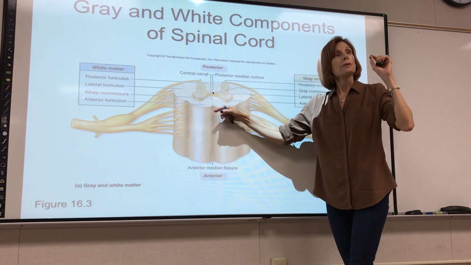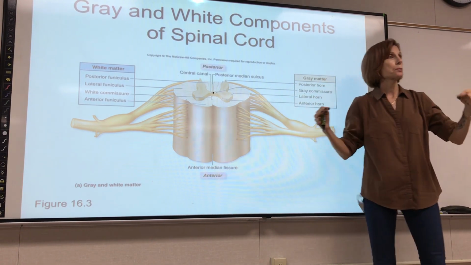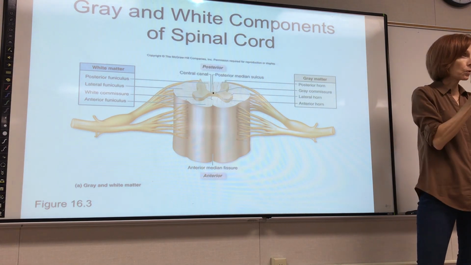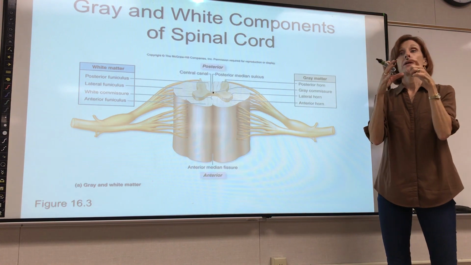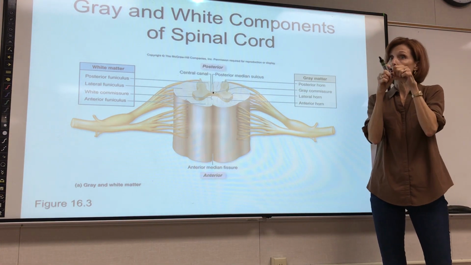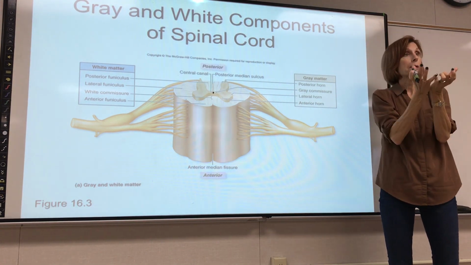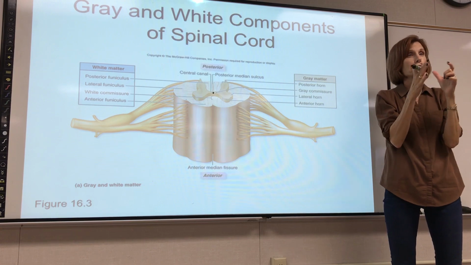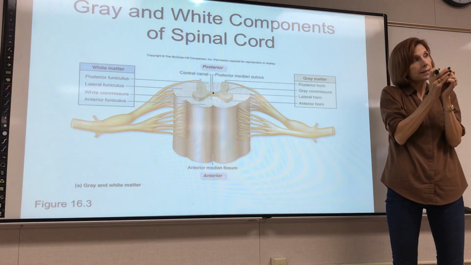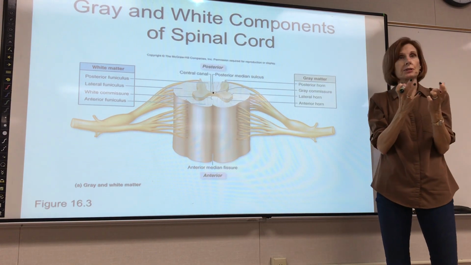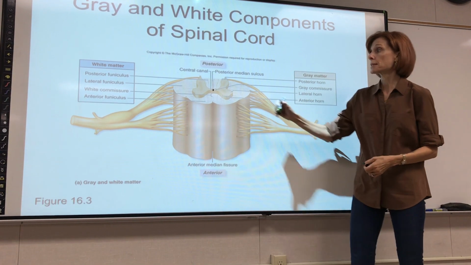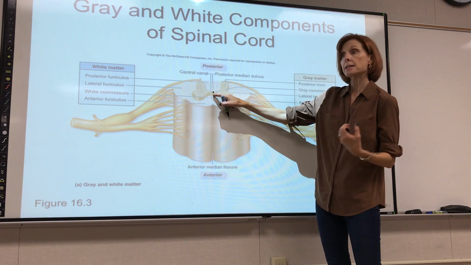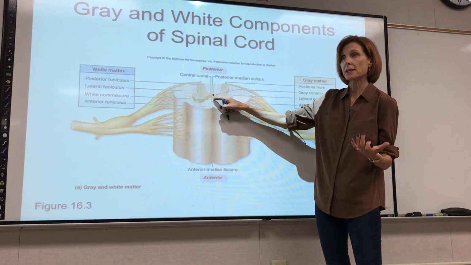So this allows us to have cerebrospinal fluid inside the cord and outside, and the same thing in the brain. We have fluid inside the brain in the ventricles and around the brain in the subarachnoid space. So we have this fluid cushion that's inside and around these structures, and it helps to protect these areas from trauma. This is filled with cerebrospinal fluid, and it's lined with ependymal cells, just like the ventricles.